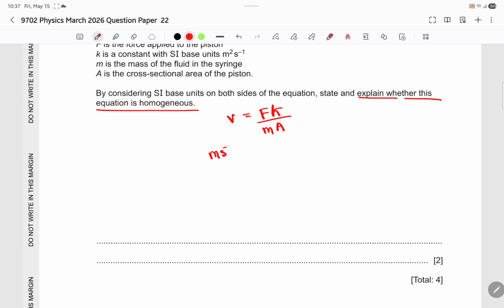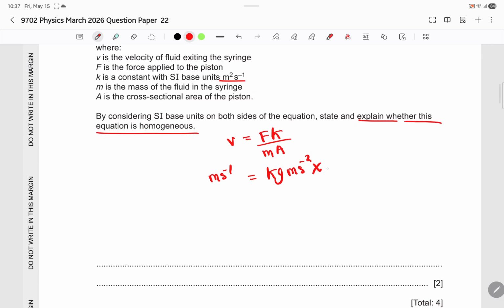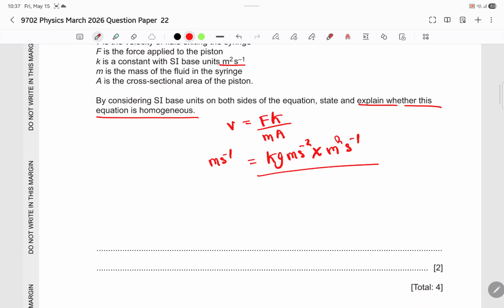Velocity is meter per second. Force, we already figured out, is kg m s to the power minus 2. And k is given here as meter square s to the power minus 1, divided by mass, so kg, into the cross-section area, which is meter square.